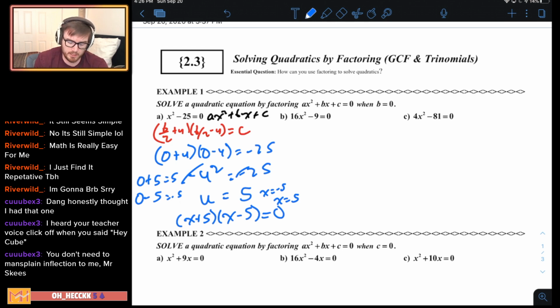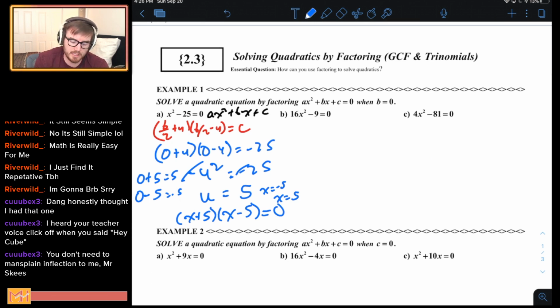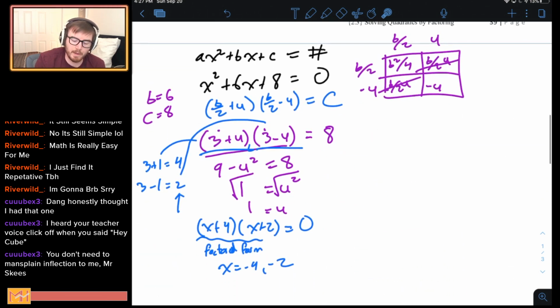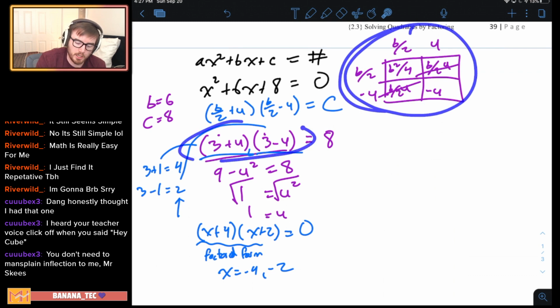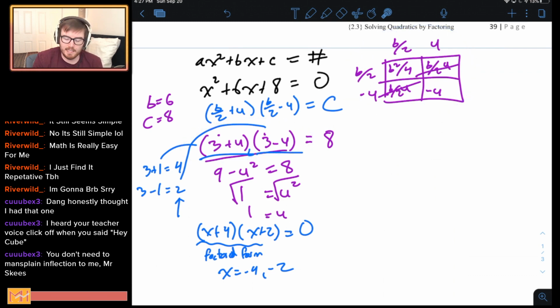And so I want us to see something that's going to happen, because it happens every single time. There's no middle term, right? Where else did I already mention that? Down here when I was doing my example problem. There's no middle term. Why is that?